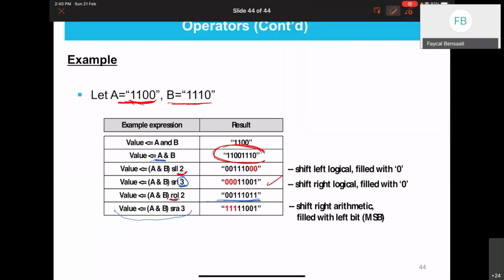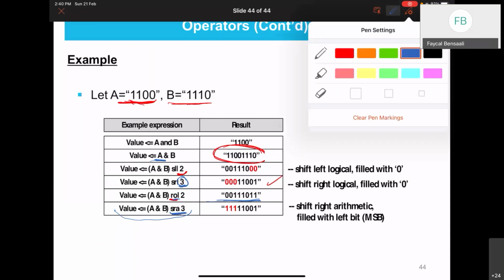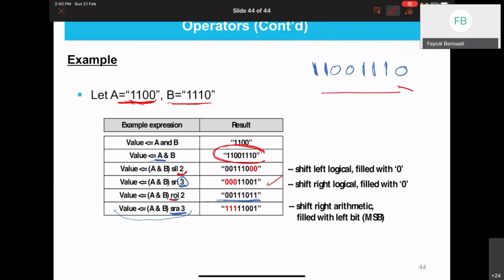I will explain to you why we have this difference. These are my starting points, and the last example is shift right by 3 positions. So we want to shift right, basically in this direction.